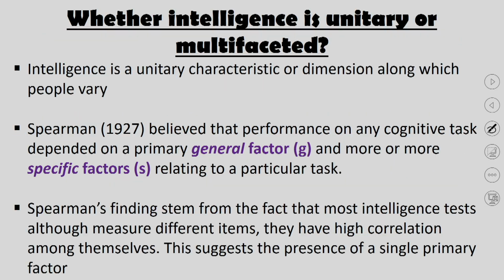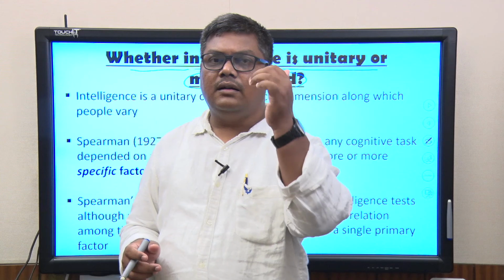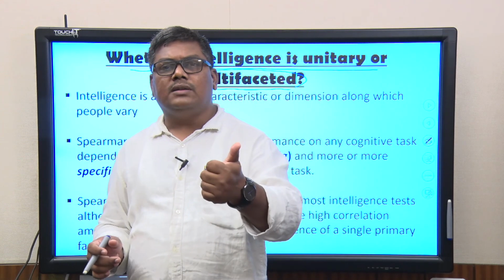Once we are done with the definition of intelligence, let's move forward to the question of whether intelligence is unitary or multifaceted. Now there are two groups of people. One group believes that intelligence is a unitary thing, just one property or one process and system.